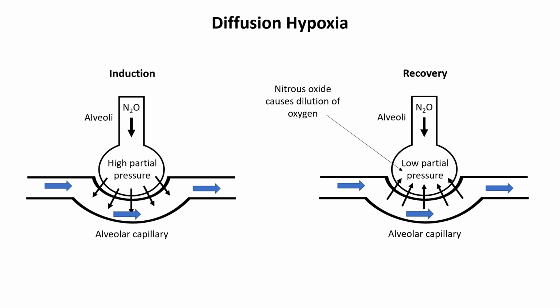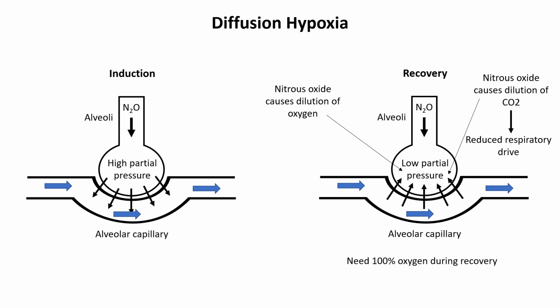It can also dilute the alveolar carbon dioxide concentration, causing a decrease in arterial carbon dioxide levels and a subsequent reduction in respiratory drive. These risks persist for only the first 3 to 5 minutes after discontinuing nitrous oxide. Therefore, initiating recovery with 100% oxygen inhalation is appropriate.